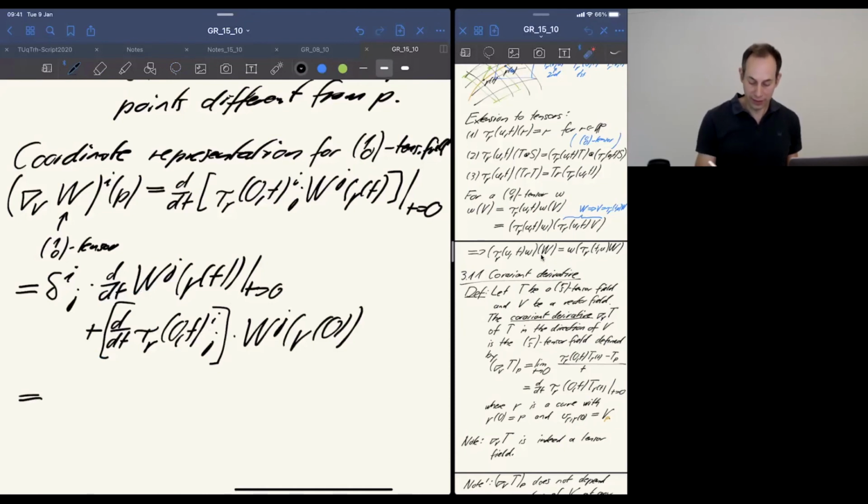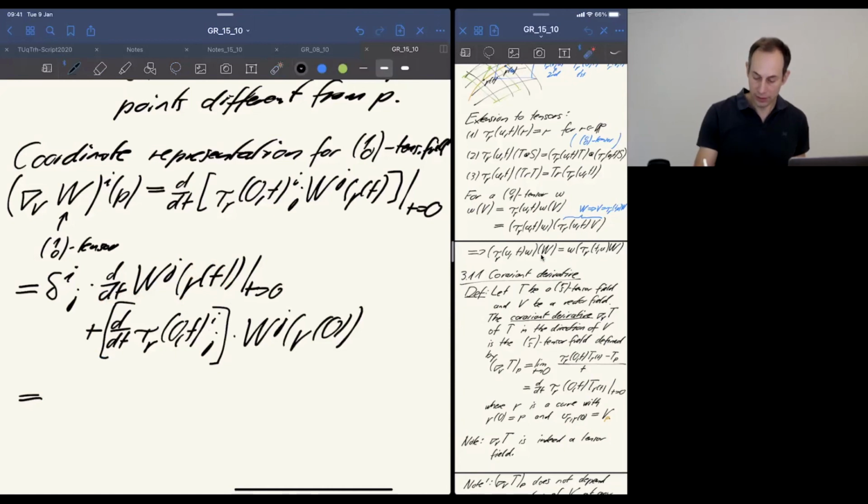And now I can just write this a bit in a neater form. So first of all, the delta function, of course, goes away. And I think we still have to do some work. Here, this is a derivative of a curve. So this is the derivative of a function along a curve. But we know that the derivative of a function along the curve is the same as the velocity vector of the curve applied to the function.